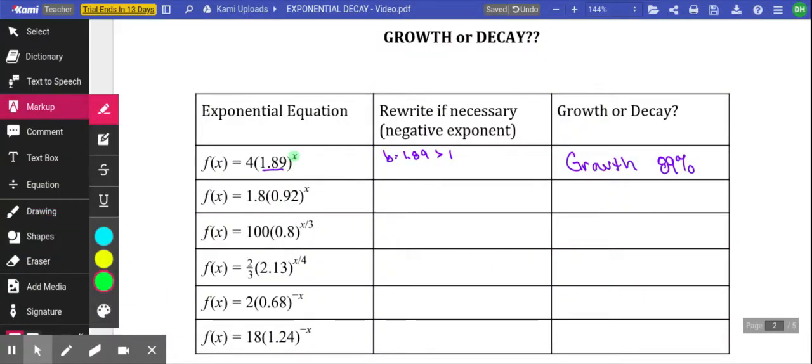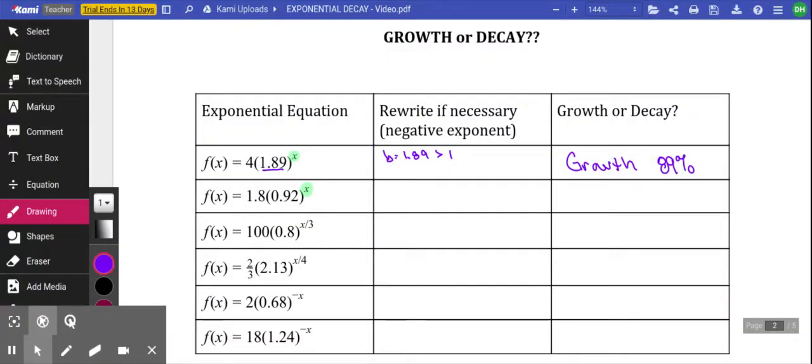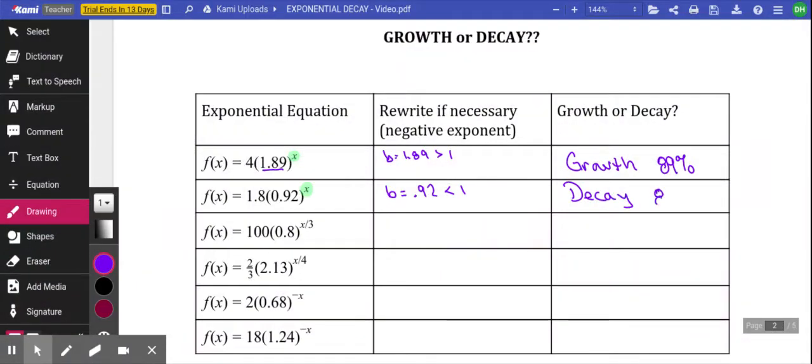All right, next one, we've got ourselves a positive exponent. That's great. Let's see here. So I've got a b value of 0.92. That's less than 1. And so now we are decaying. And what we're going to find out is this is a rate of 8%.